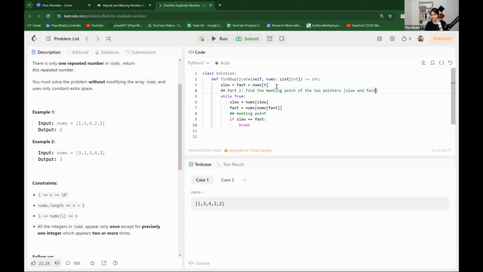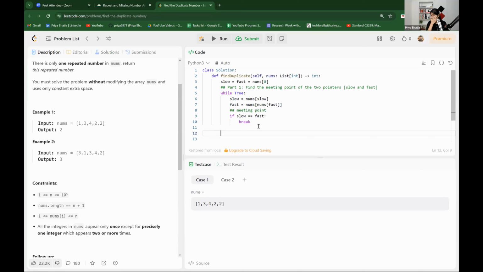At this point of time, after this while loop, I am very sure that I will be able to get both of them at one place. Yes or no? Part 2 of this code is to get the entrance of the cycle.